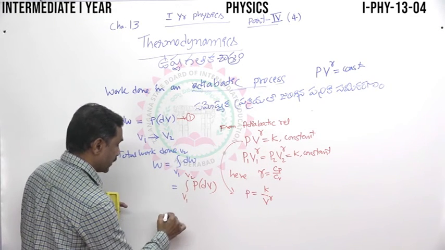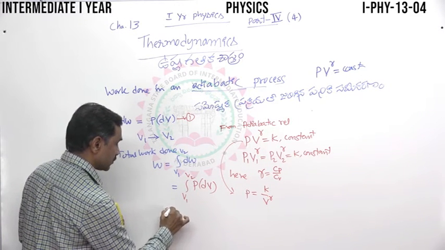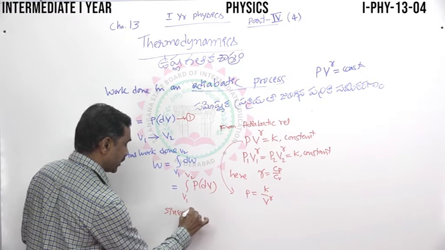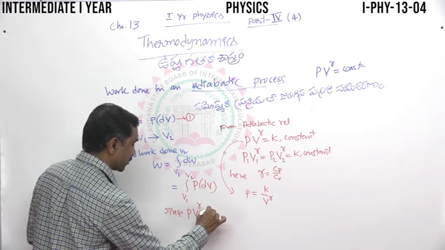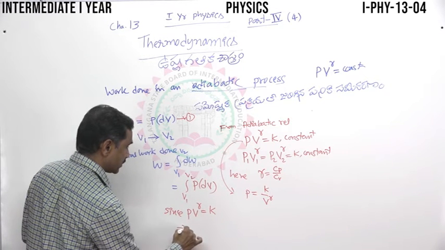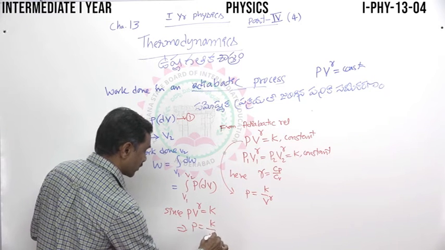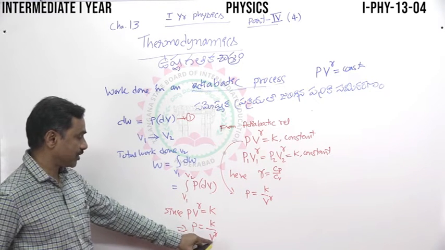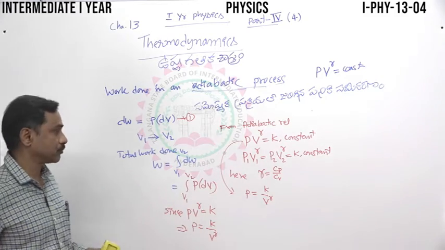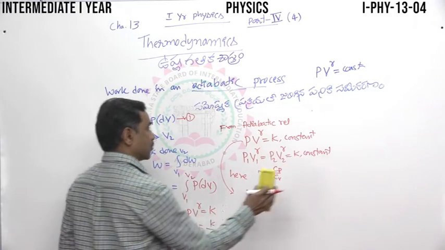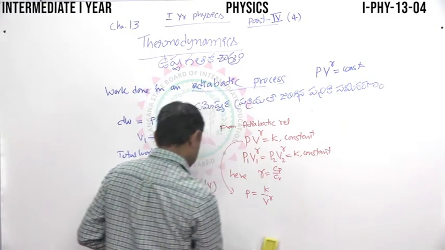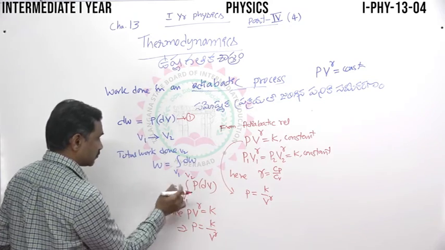Here P is given by, since the adiabatic relation PV to the power of gamma is equal to K, P is equal to K divided by V to the power of gamma. Be careful, V is the volume here and gamma is the ratio of specific heats. Now I'll continue this, substituting the above expression.